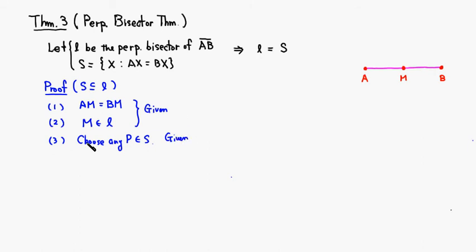Pick that, and let's see, 4. P is going to be, so we have AP equals BP, and that comes from the definition of the set S, right?